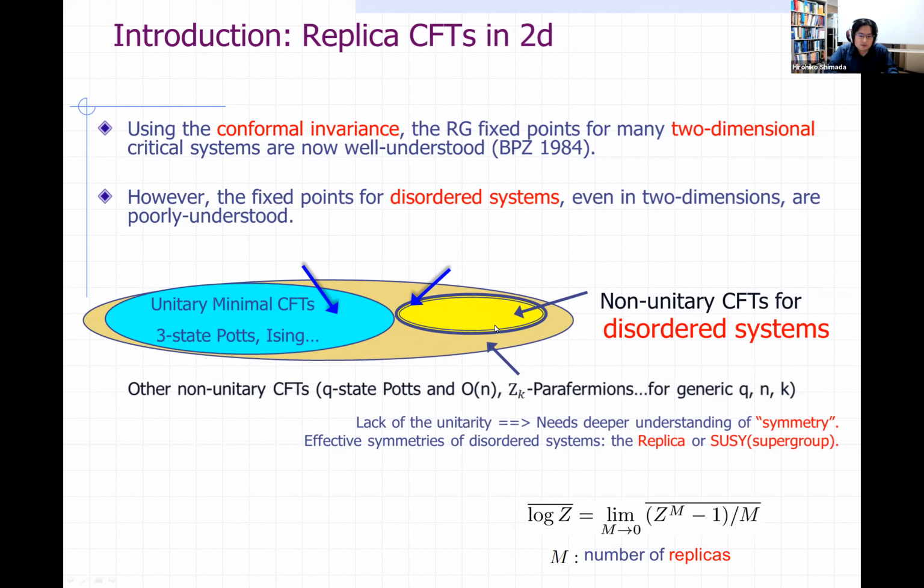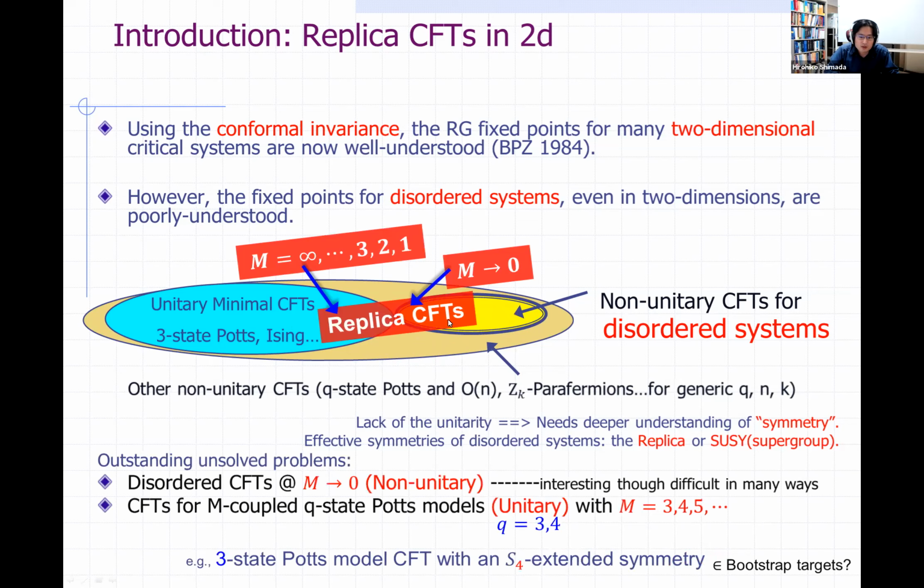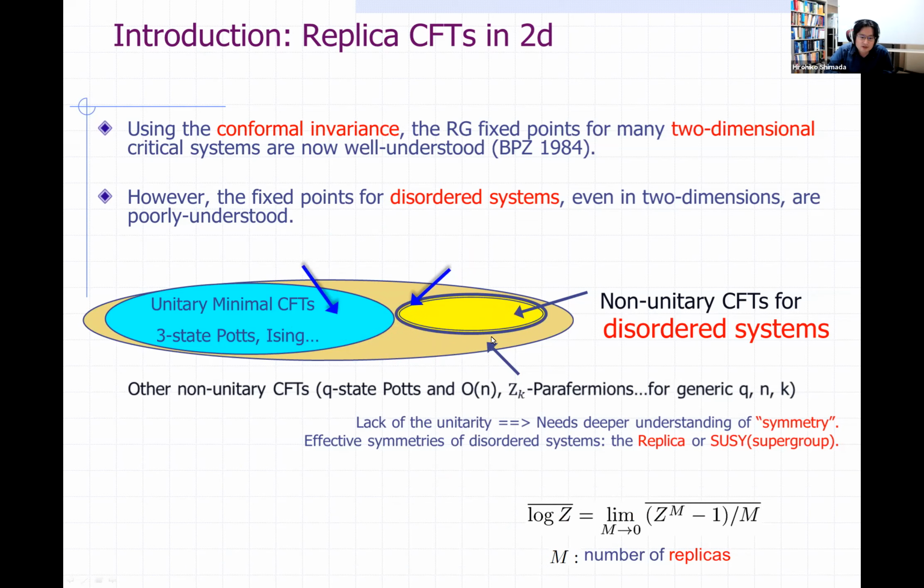Especially for this part, because this sort of system has some effective symmetries of replica or supergroup symmetry. In order to understand these difficult CFTs for disordered systems, I think we need a deep understanding of these symmetries. So this is the replica part.